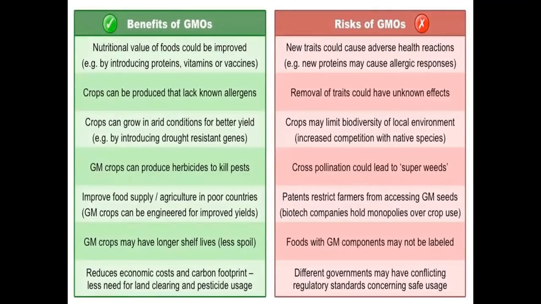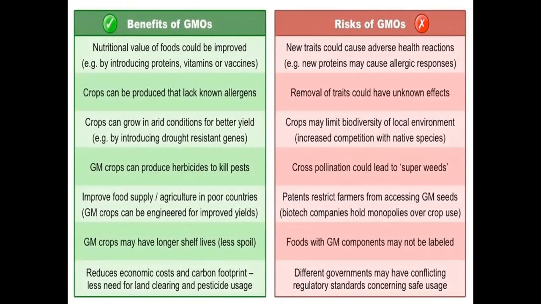Here is the list of the benefits of GMOs and the risks of GMOs. First, we discuss its benefits. Nutritional value of food can be improved by using genetic modification techniques. Like we can introduce some vitamins or proteins into the organism in which we want it.